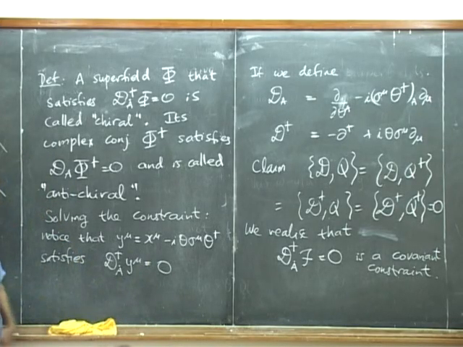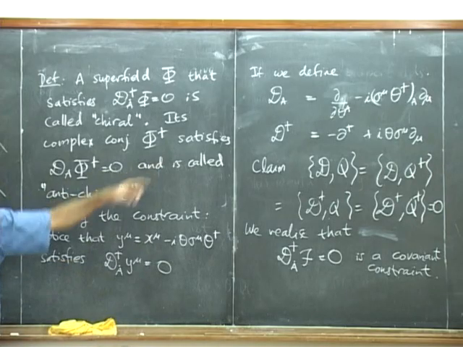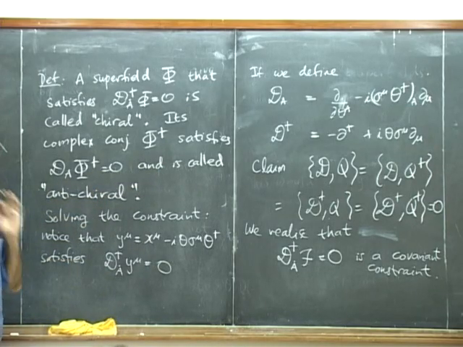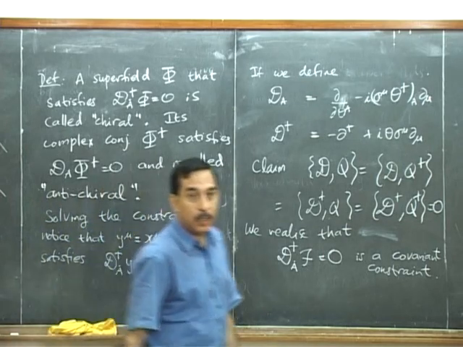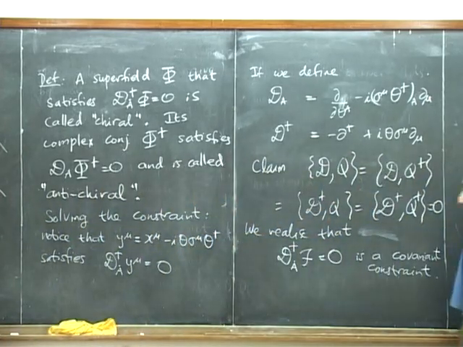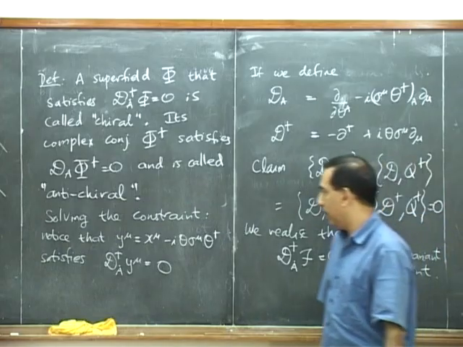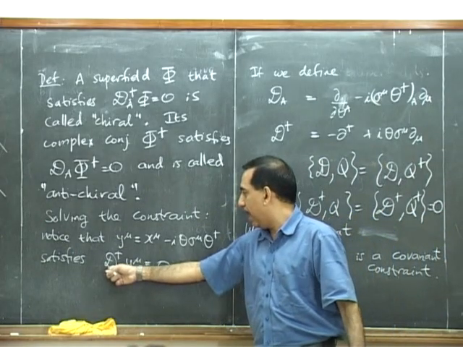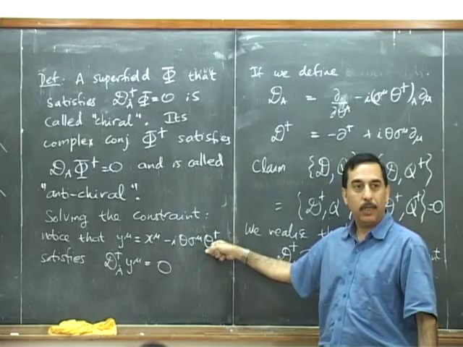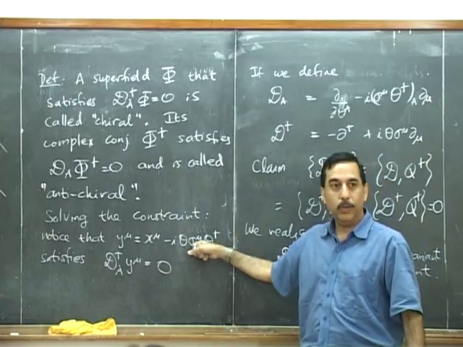Can you see why? D dagger is defined out there. The del dagger will remove the theta dagger from here and will cancel the second term. So this contains a del dagger that's going to kill this and leave behind theta sigma mu.